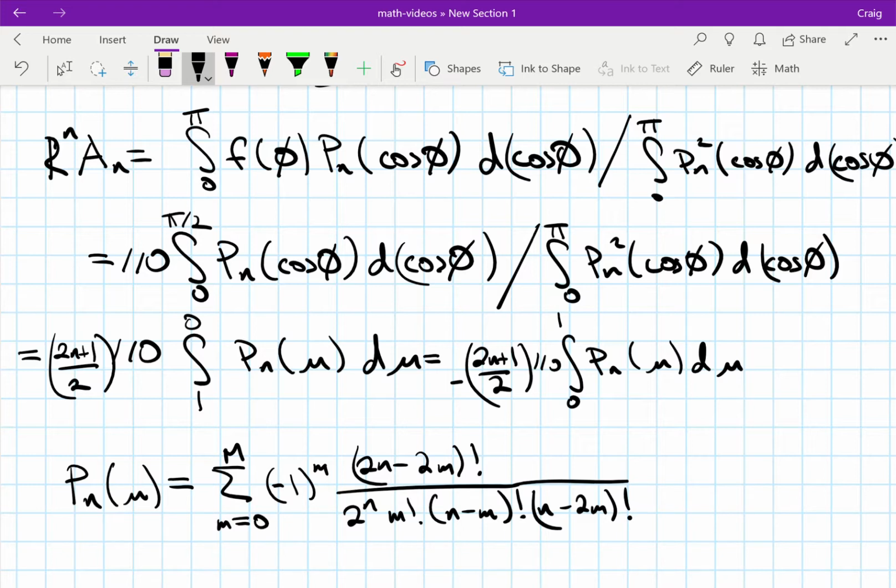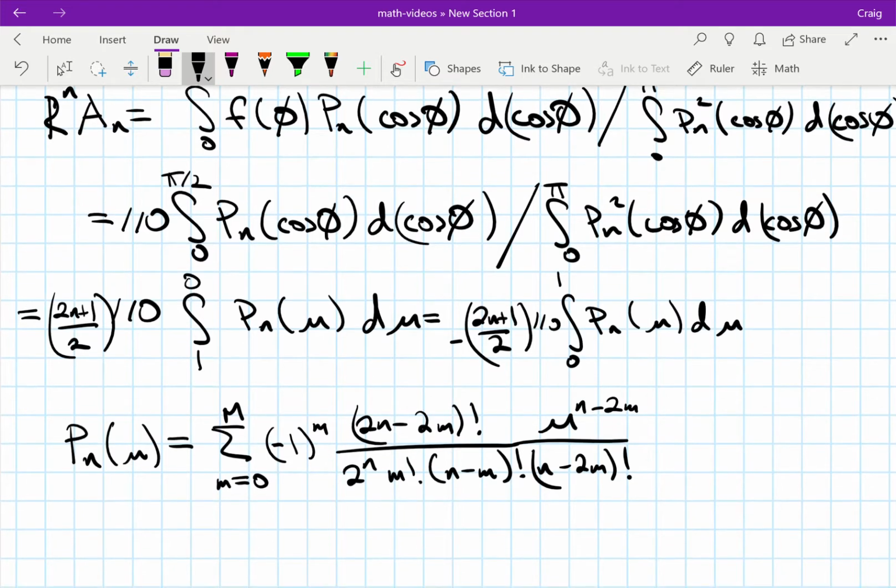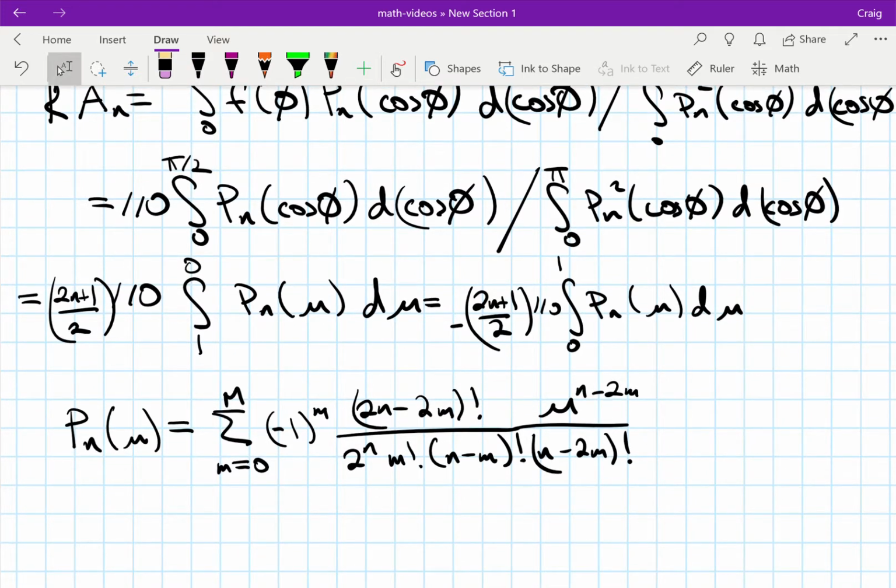That is a mouthful, and then I still have a mu to the power of n minus 2m. Okay, so this is nothing more, nothing less than an expression for the Legendre polynomial.